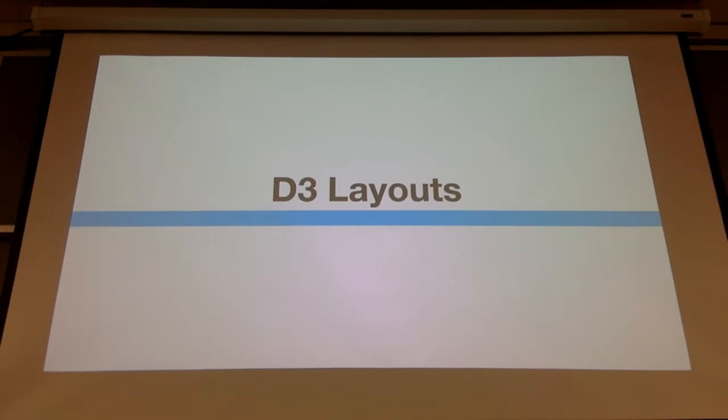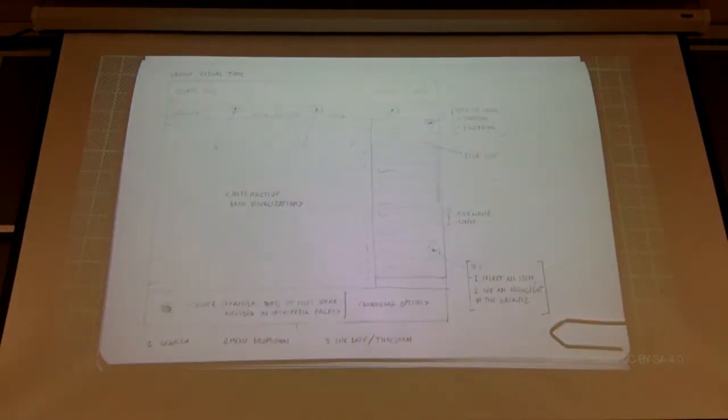So today's lecture, we are going to be covering the basics of D3 layouts. When we usually hear layouts, what we think about is some sort of system of spatial organization for things, right? The way in which parts of something are arranged on a screen.